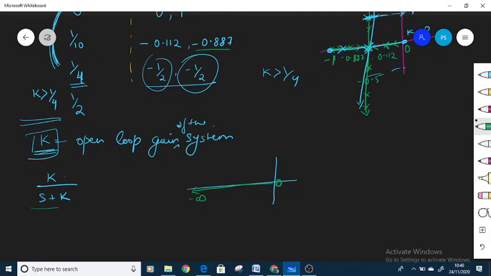Okay, and the farther a pole is from the origin, like this is the origin, the farther the pole goes from the origin towards the left hand side or right hand side also, the higher will be the speed of the system.